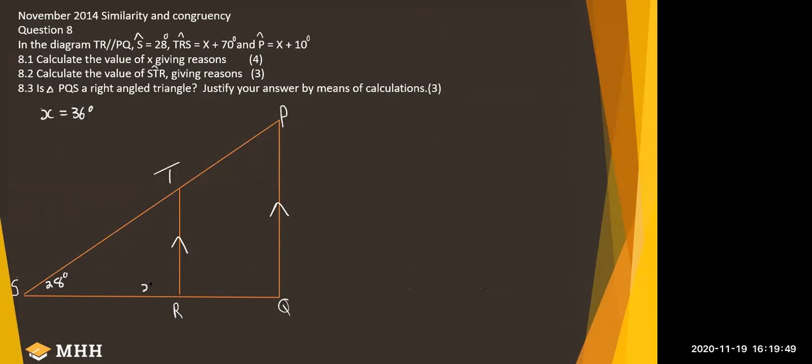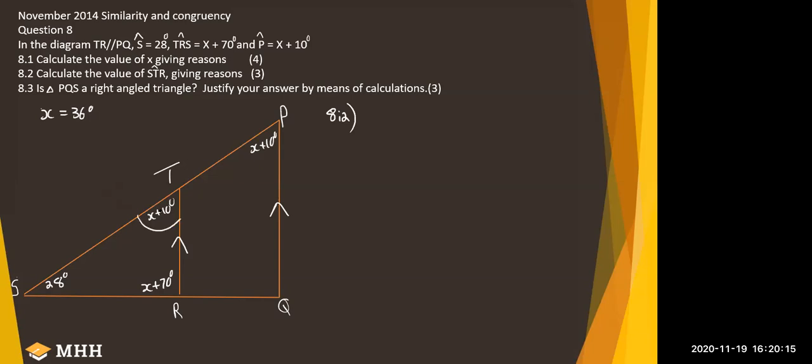TRS was x plus 70. And they say we must figure out STR. Right. So for 8.2, I'm not just going to jump into it and say x plus 10 will be equal to 36 plus 10.